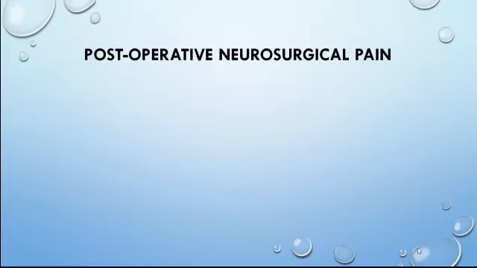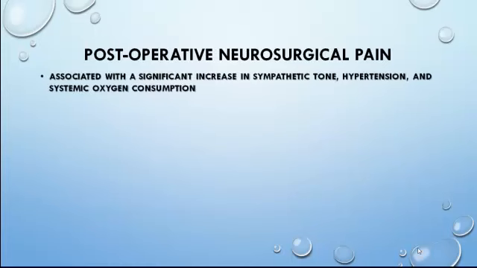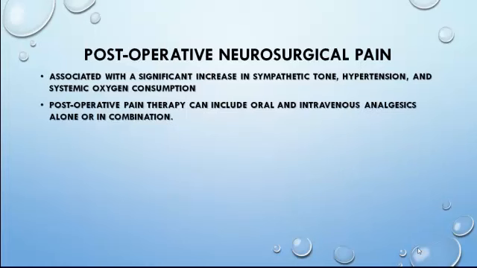Post-operative neurological pain should be treated because it is associated with a significant increase in sympathetic tone, hypertension, and systemic oxygen consumption. Post-operative pain therapy can include oral and intravenous analgesics alone or in combination.